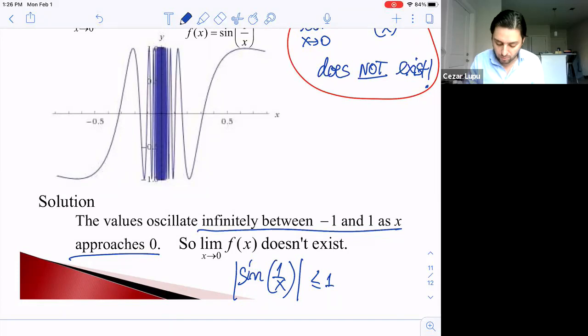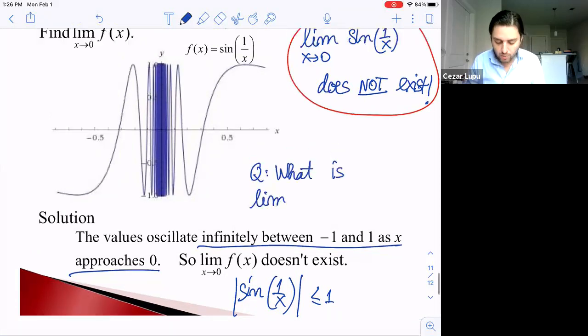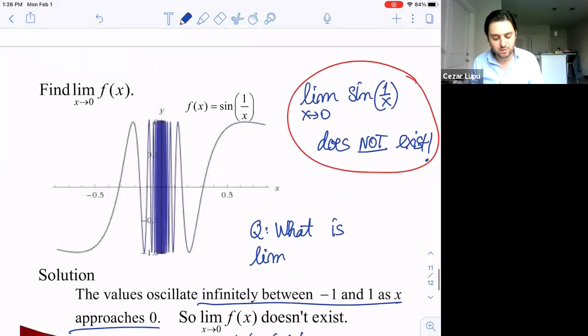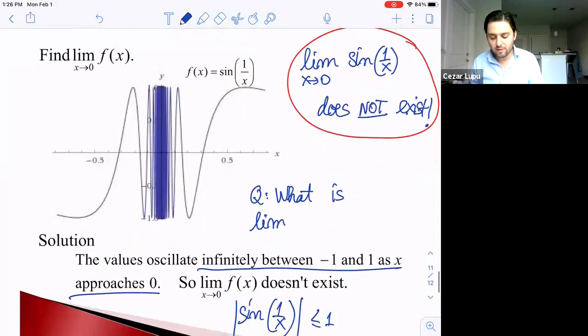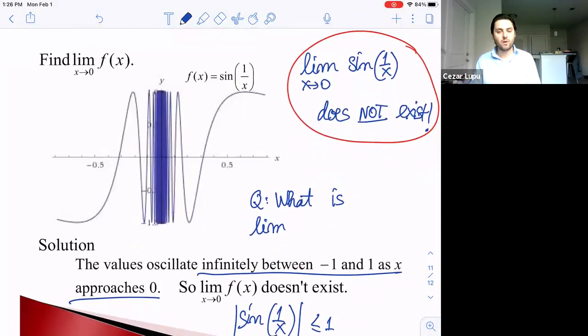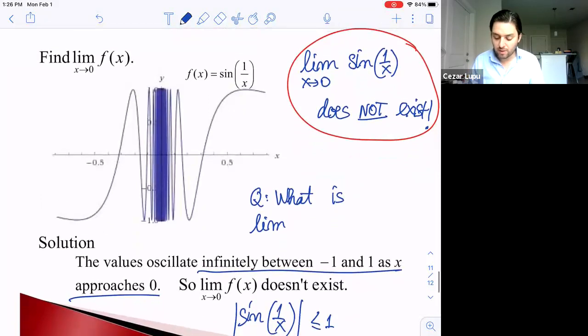For example, the question for you, and I will leave it: we have seen that the limit as x approaches 0 of sine of 1 over x does not exist. But now here comes the question, what is the limit as x approaches 0 of x times sine of 1 over x?